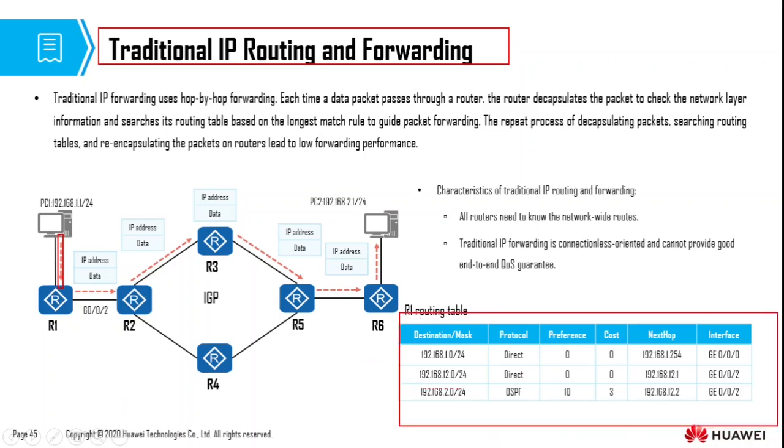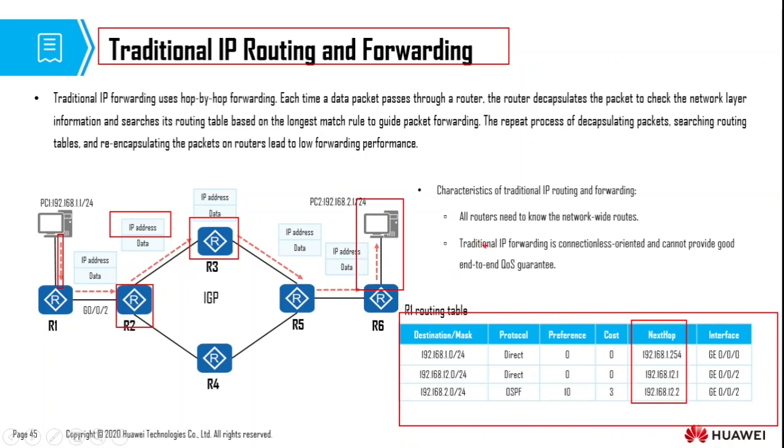And uses the longest match principle. Then looks at the next hop, then sends it to the next hop. The next hop will repeat the same thing. Open up the IP header, search its own routing table. Do I have this particular network? And then use the longest match principle and then forward to the next hop, like that, until this particular packet reaches the destination.